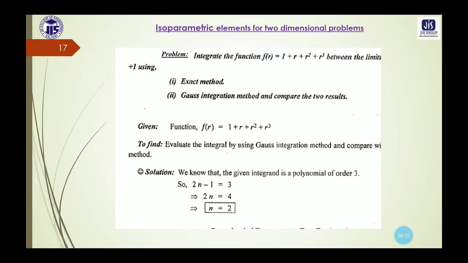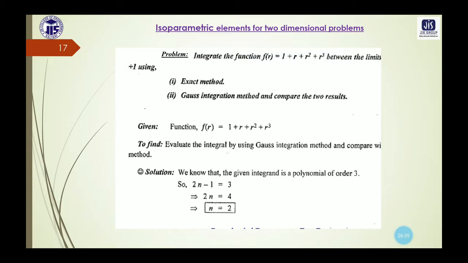Now the number of sampling points for Gaussian quadrature is not actually given in this numerical, which we need to find first. So how to find this one? In this given integrand, it is actually a polynomial of order 3.